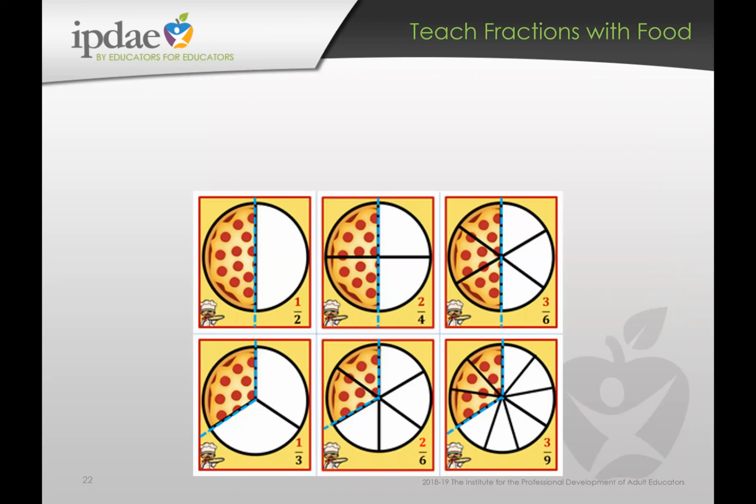As we slice up the pizza before I give it out to the students when we're having little pizza parties, I always have them do a little quiz. Okay, so before I slice the pizza or after I've given out so many pieces, how much do I have left? Or give me a fraction that represents what's already been given out, or give me a fraction that represents what's left in the tray.